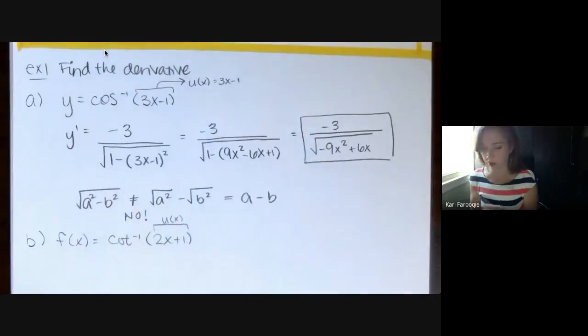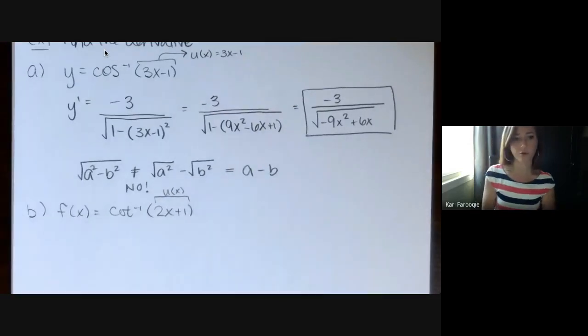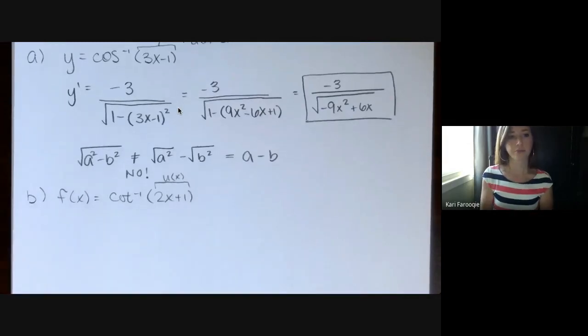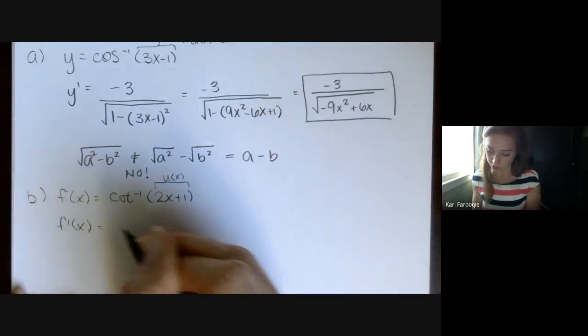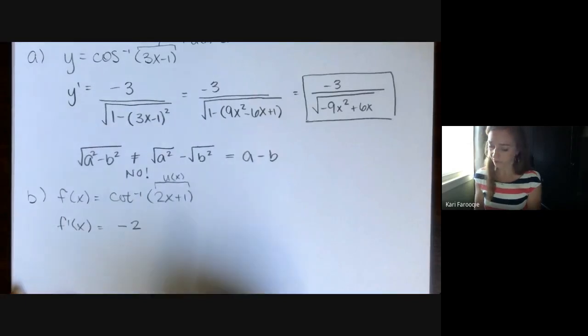This is just the inverse cotangent of u of x, where u of x is 2x plus 1. So now it's a cofunction, so its derivative is going to be negative. So f prime of x is going to be negative, and then u prime is 2.